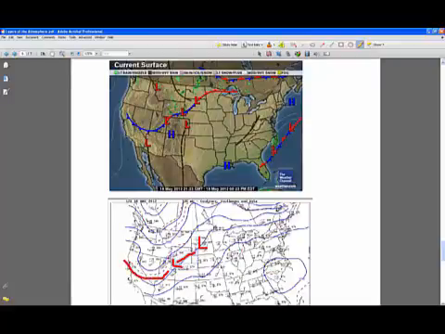And then we've got a warm front up here, so let me just draw in the warm front. Okay, so I've tried to do a decent job here. This is the warm front, cold front. I should have drawn it in blue, but I'm not exactly sure how to change the color on this right now.